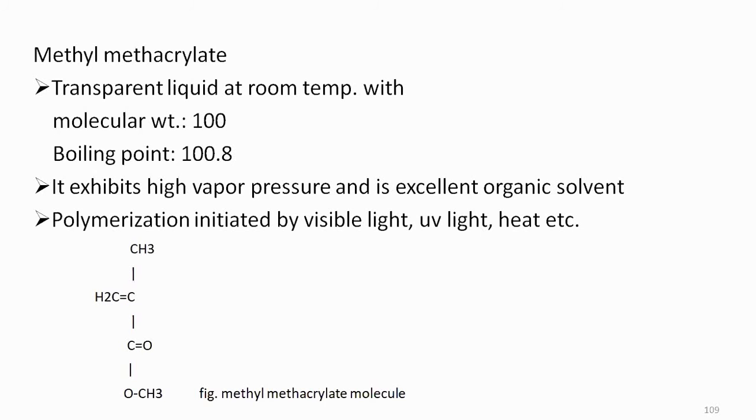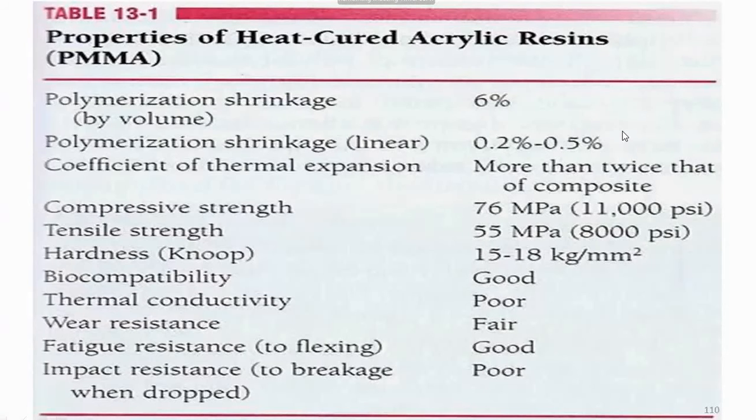It exhibits high vapor pressure and is an excellent organic solvent. Polymerization can be initiated by visible light, UV light, heat, etc. It can be activated by anything. These are some physical and mechanical properties of polymethyl methacrylate.